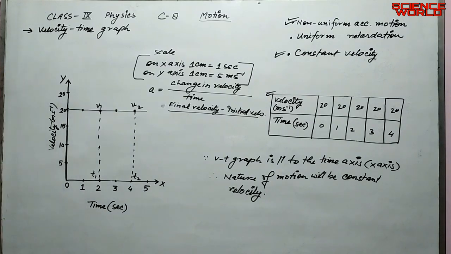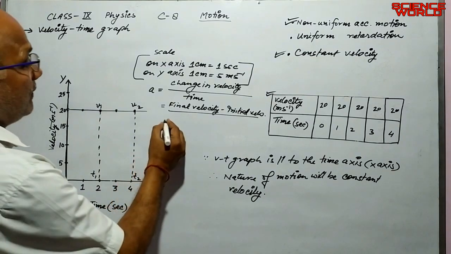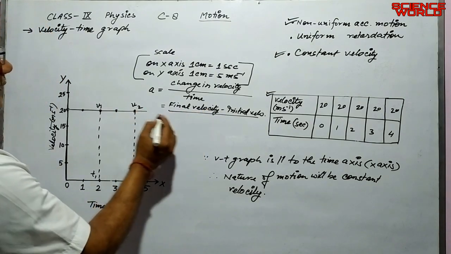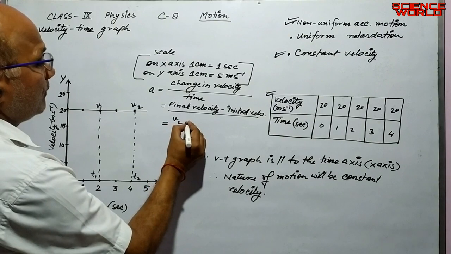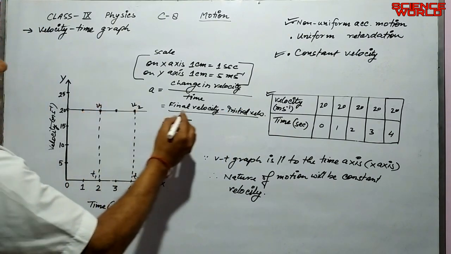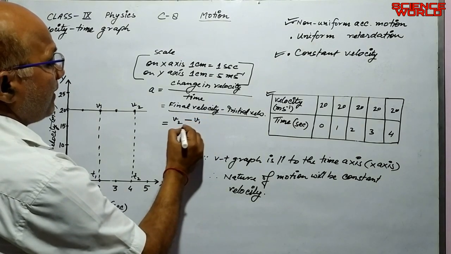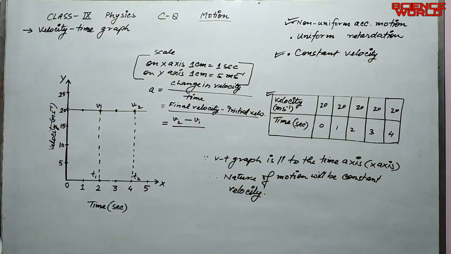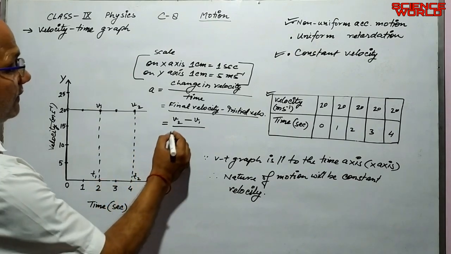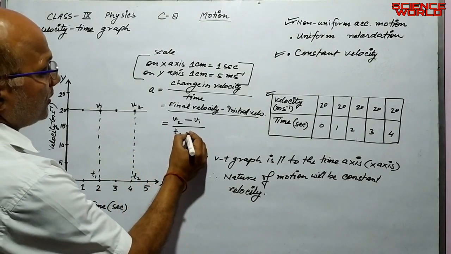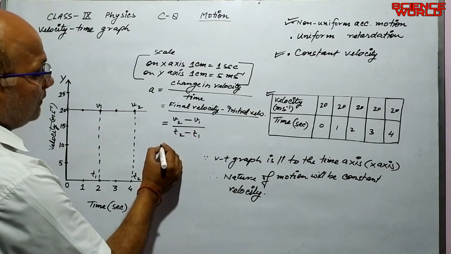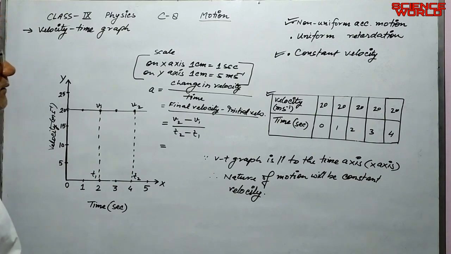So in this case, final velocity, that is v2, minus initial velocity, that is v1, upon time interval, that is t2 minus t1. Now we will put the values.